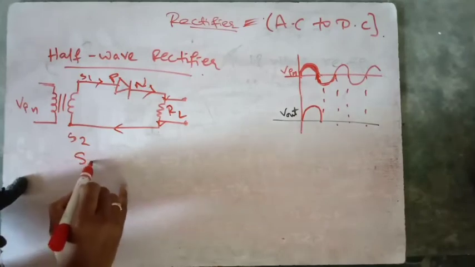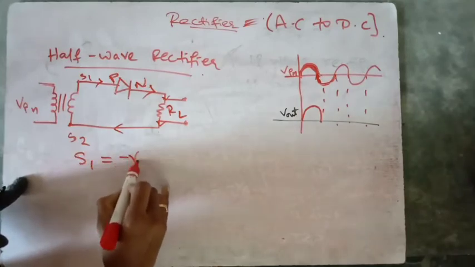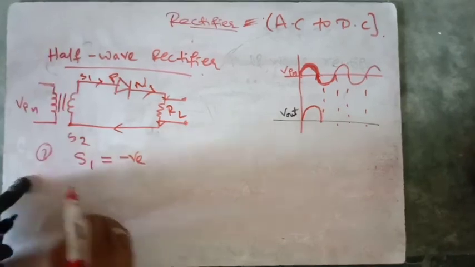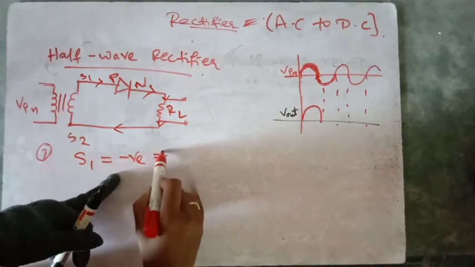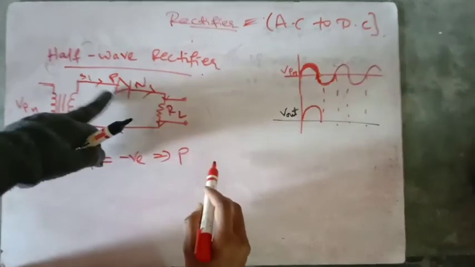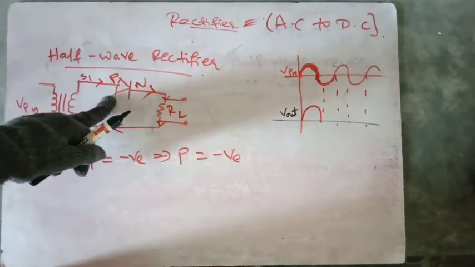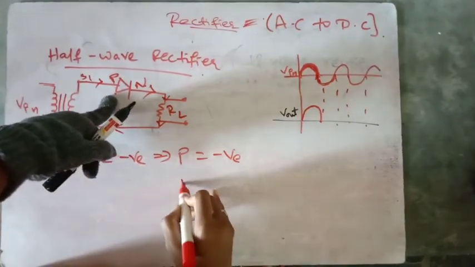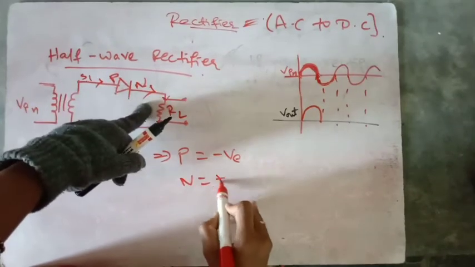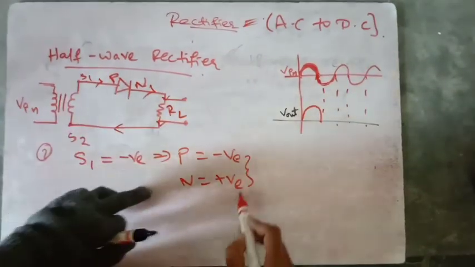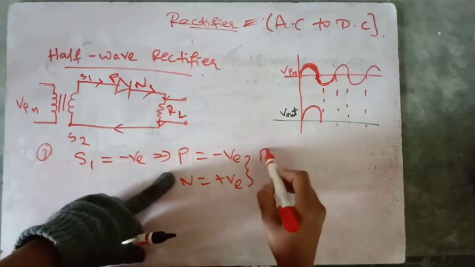Therefore for the second half cycle S1 will be negative. Therefore the P type will have the negative terminal, and the N type will have the positive terminal. Therefore this diode will be reverse biased.